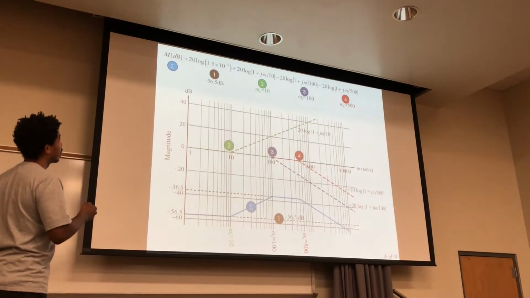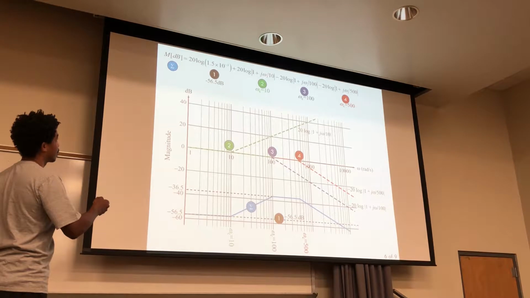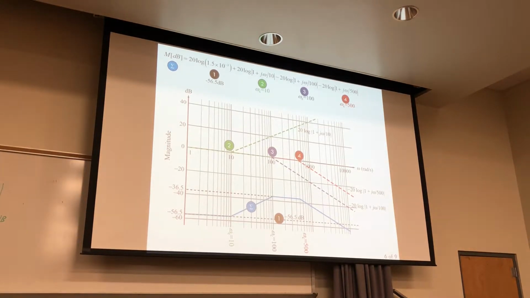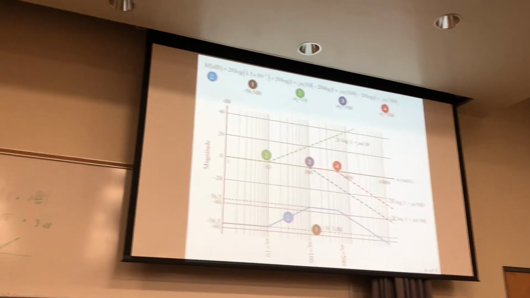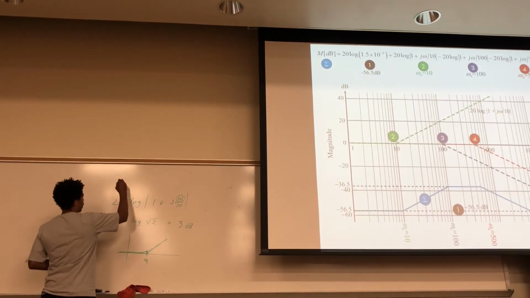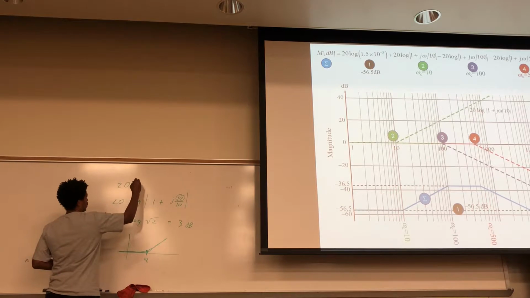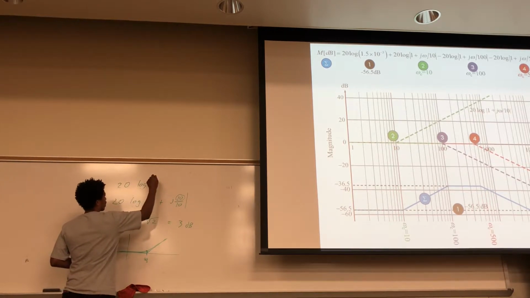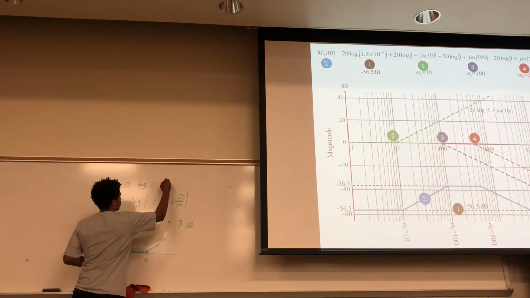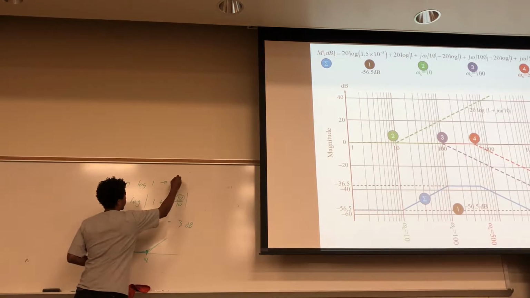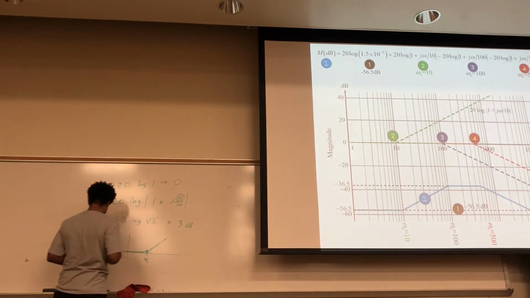Now, when omega is really small, like in this range right here, this is like a really small fraction, so it's less than 1. So the only value that really stands out is this 1. And so if you were to look at it as it gets close to 0, that right there is going to be 0.